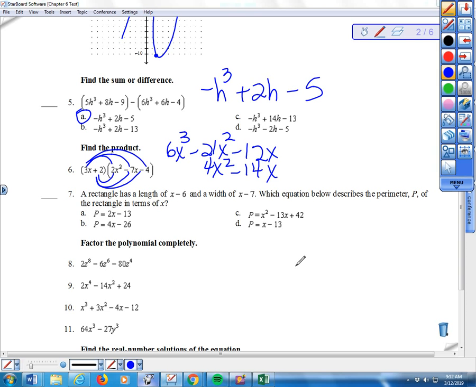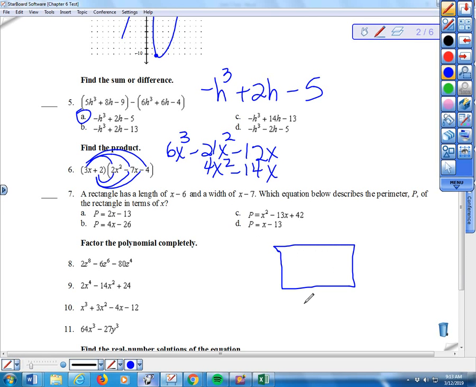Okay, a lot of people miss 7. It asks for perimeter, not area. But if I just sketch a rectangle, you get the idea.